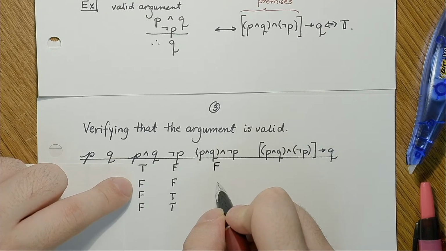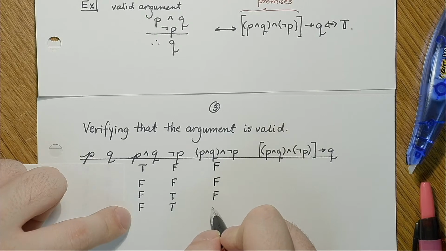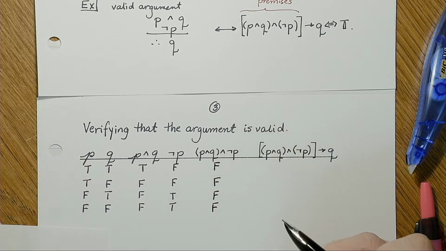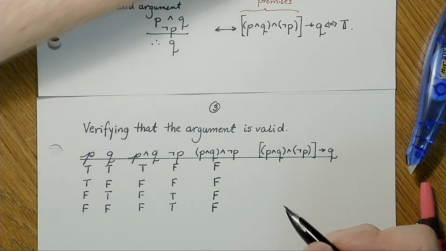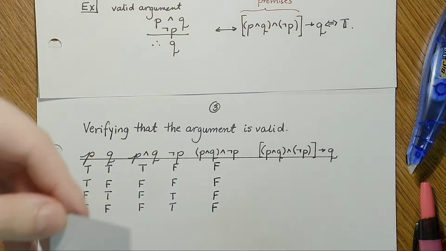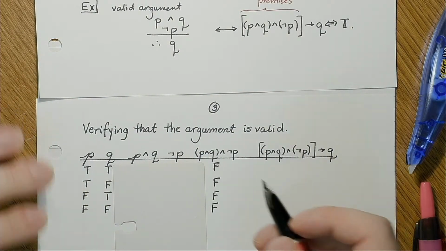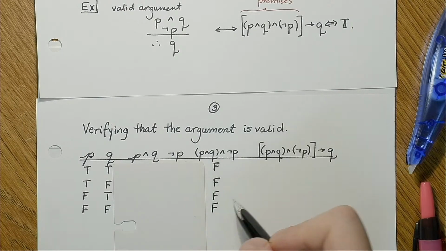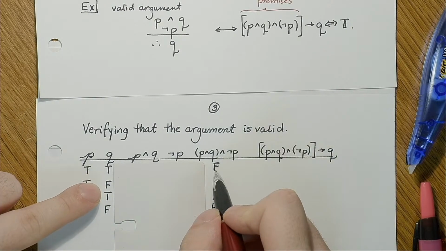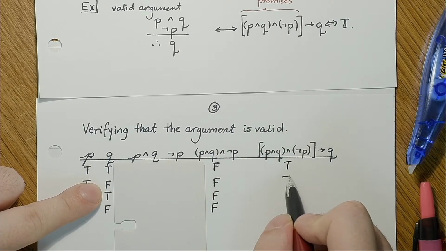So we'll have false, false, false, false. And then I thought I had a little card. There we go. Then we'll take this column and do the implication. So I have false implies true, that's true. False implies false is true.